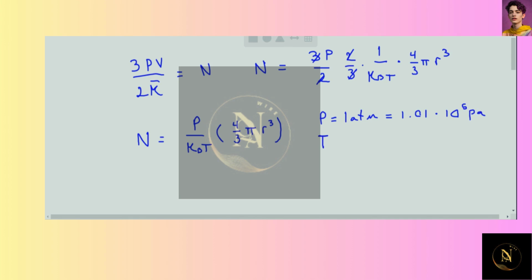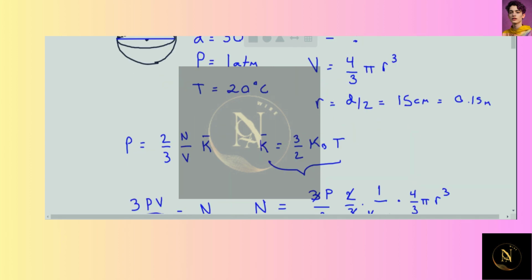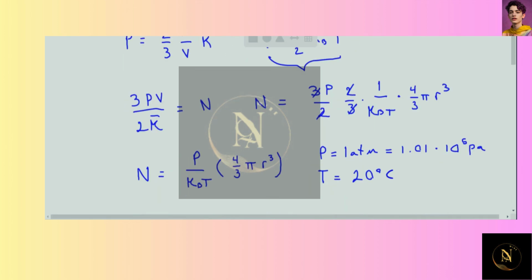And then our temperature is in degrees Celsius, so we will want to convert that to Kelvin. That's going to be equal to 293.15 degrees Kelvin.